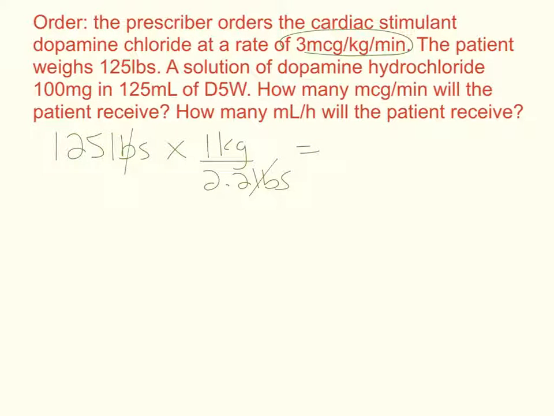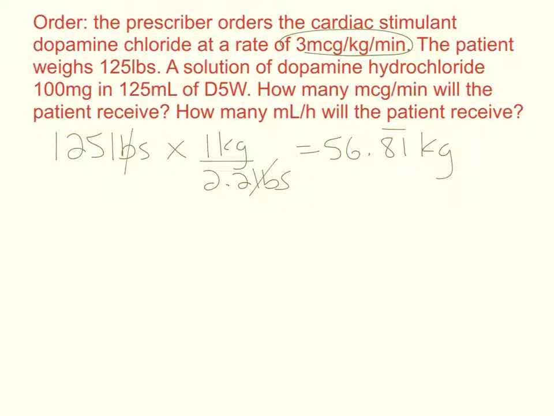And that gives us roughly 56.81 kilograms. Now, that 81 repeats, so please do not clear your calculator. Please keep all decimal places until the very end. Just for the sake of space, I'm only going to keep 2 decimal places here, but your calculator should have 8181 repeating.